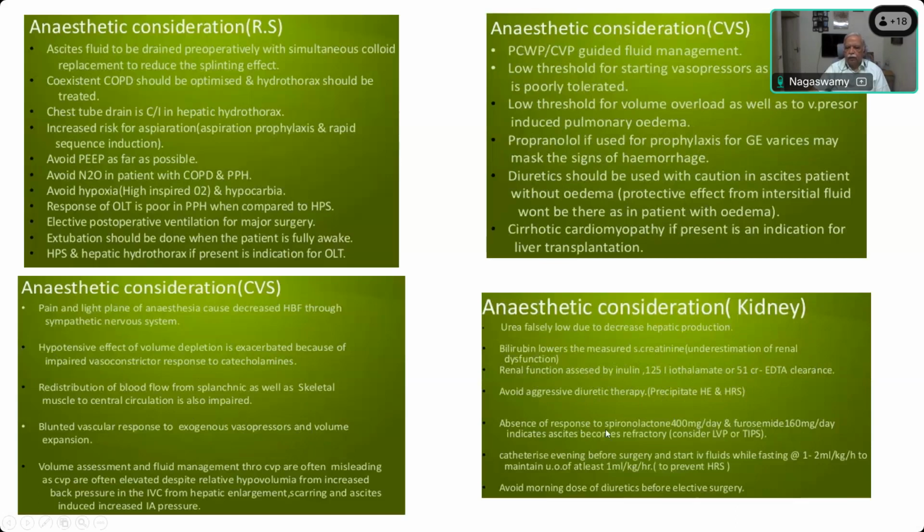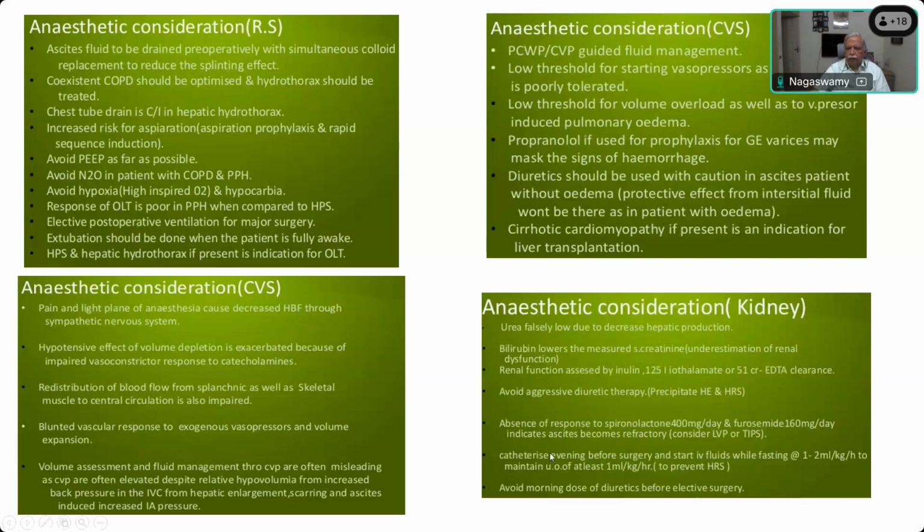And the absence of response to spironolactone, that is, these potassium sparing diuretics given at a dose of 400 milligram per day, and furosemide 160 milligram, indicates ascites becoming refractory. So this is mainly given as a treatment to reduce ascites pharmacologically.